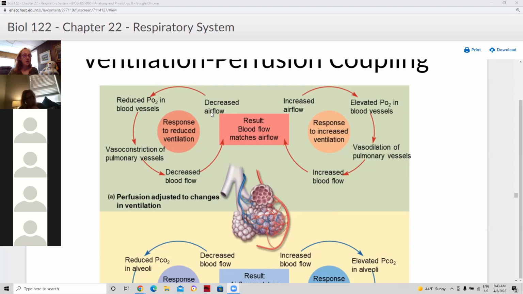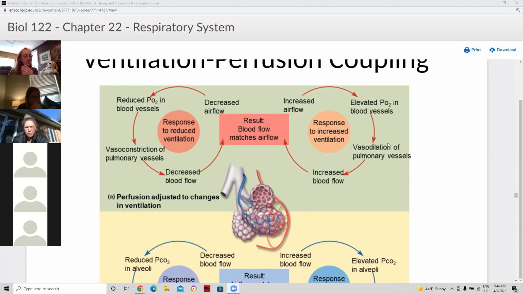Increased airflow. So now ventilation is up. This results in elevated partial pressures of oxygen in the blood vessels. But perfusion is still where it was before. It's still fairly low.